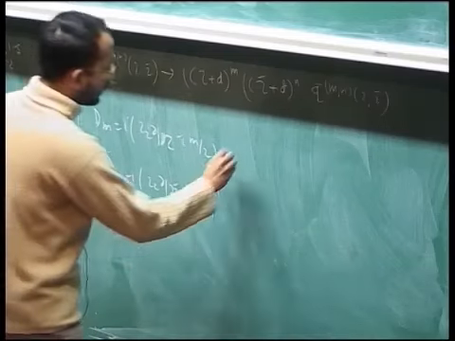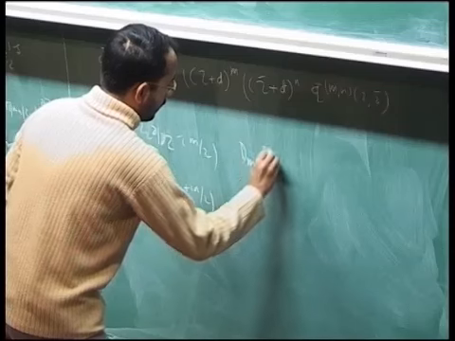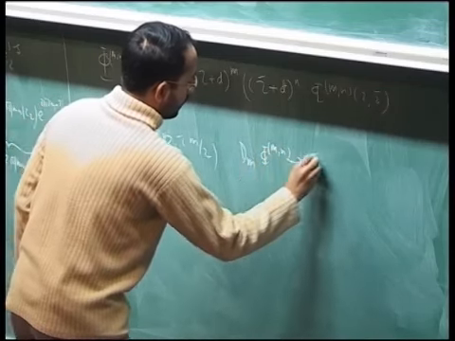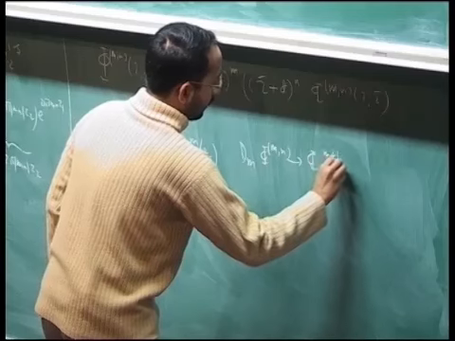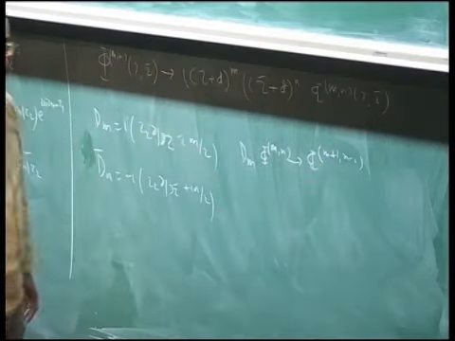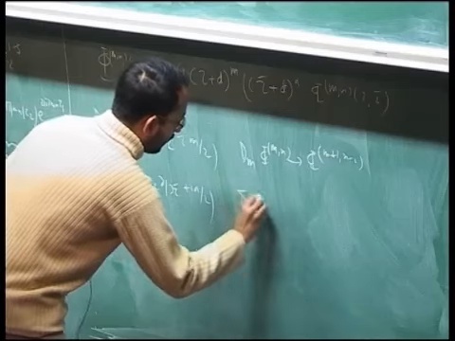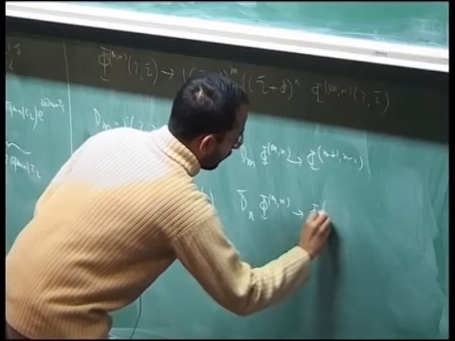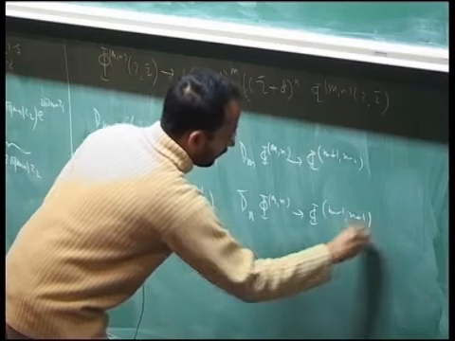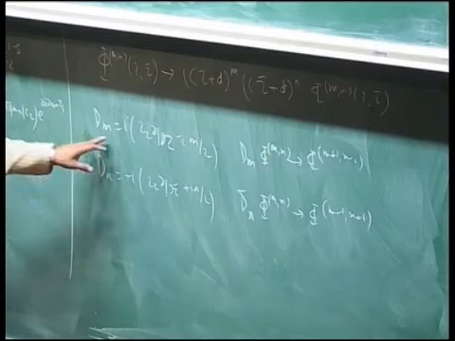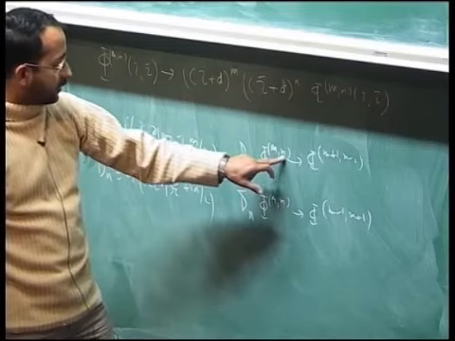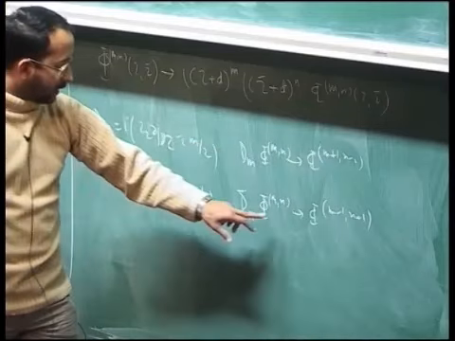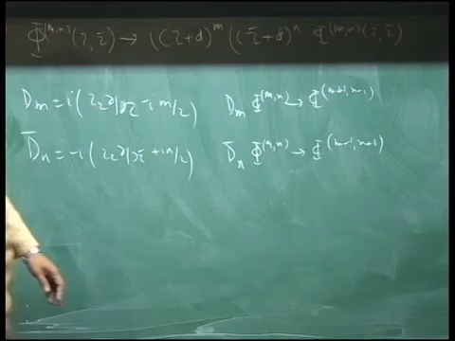And these have very nice properties: D m acting on phi m n takes you to phi m plus 1, n minus 1. Okay? And D bar n acting on phi m n takes you to phi m minus 1, n plus 1. In other words, D m acting on phi m n increases this and decreases this, and D bar n increases this and decreases this.